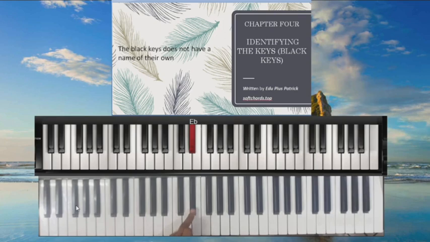This is D sharp. From D sharp, we skip the next one and play the next one, F. So from D sharp to F is a tone movement. Do you understand that?